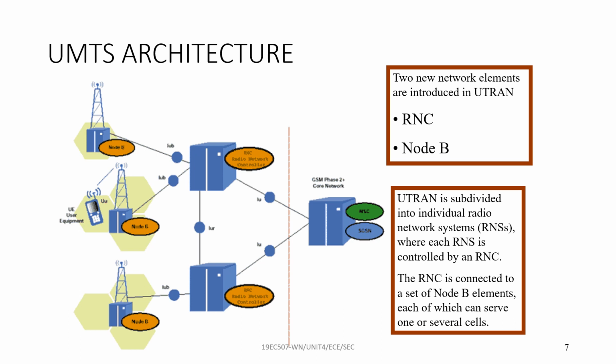Several Node Bs are controlled by a single RNC, which is a radio network controller over the Iub interface.